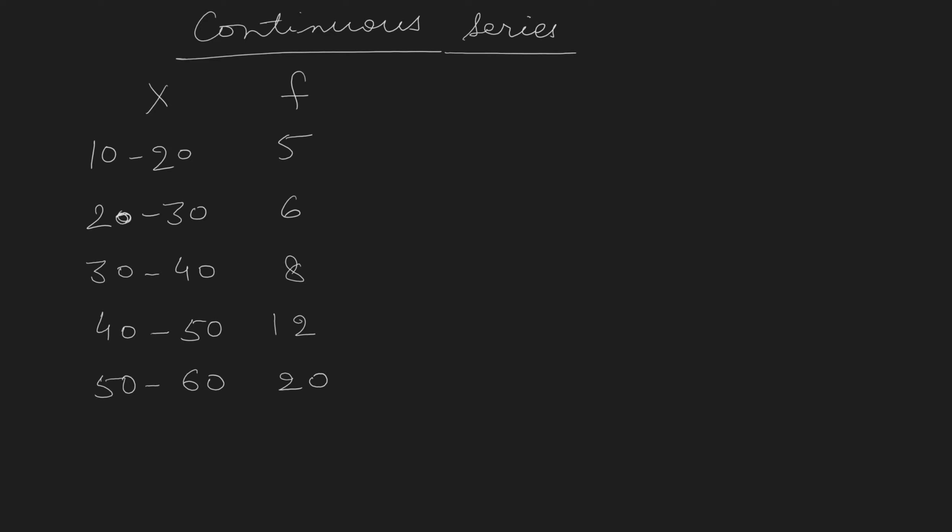Here you can see there is a range 50 to 60. What does it mean? It means that the values here are 50, 51, 52, 53, 54, 55, 56, 57, 58 and 59, and not 60.